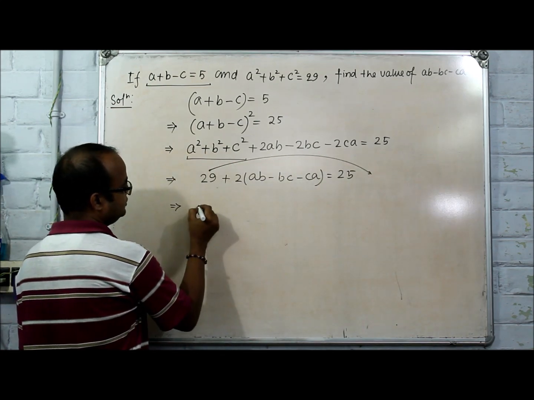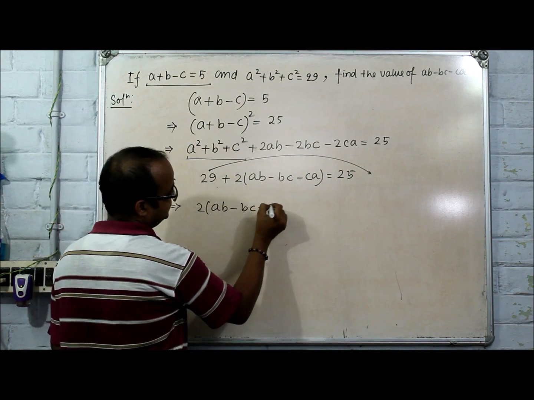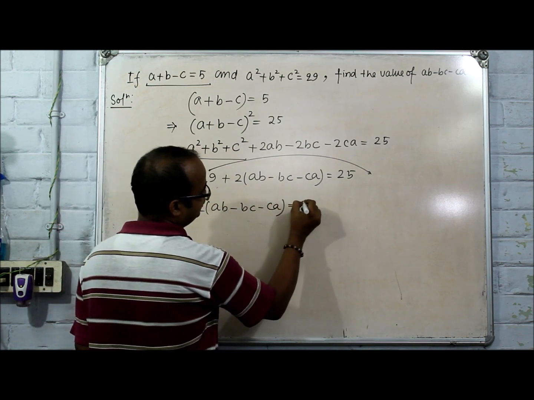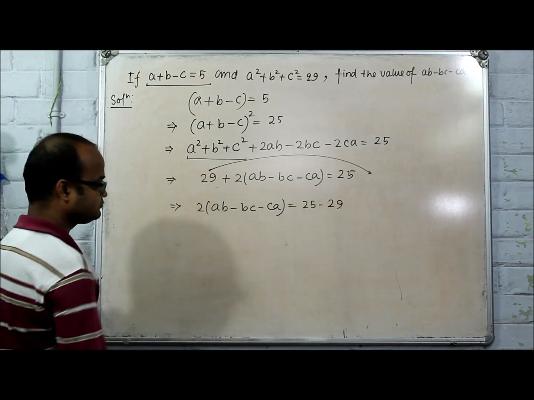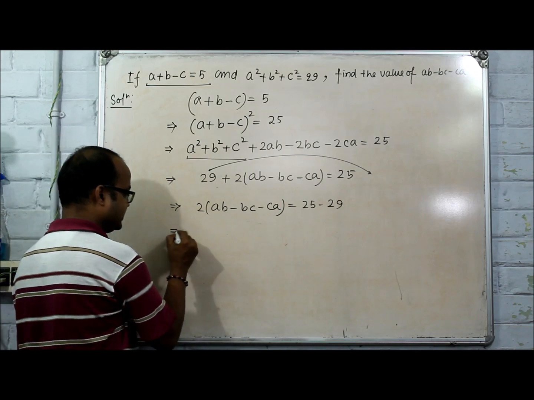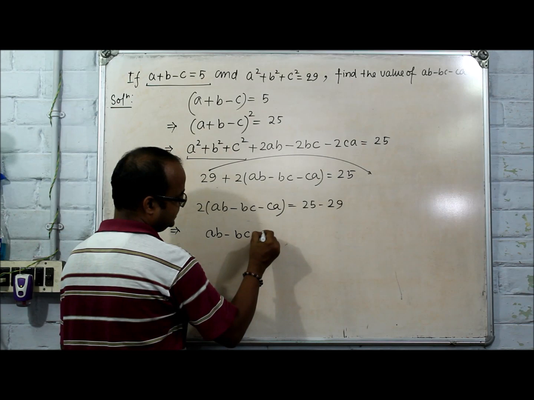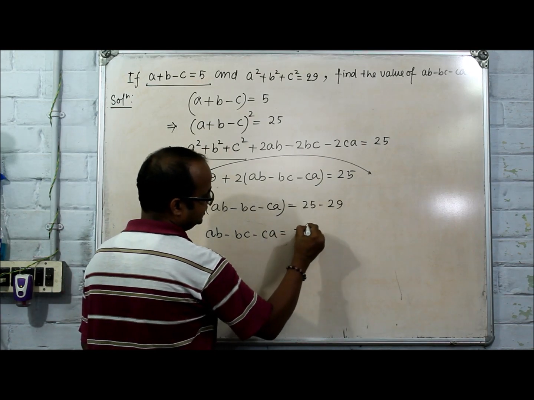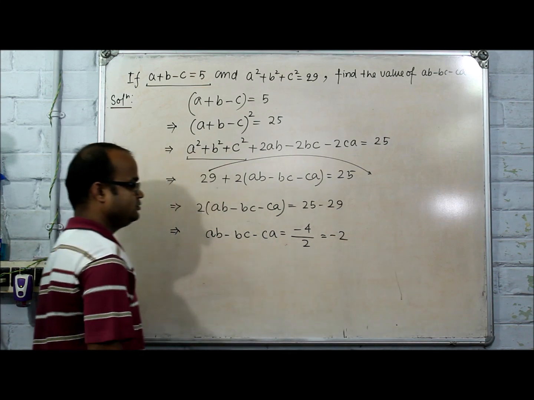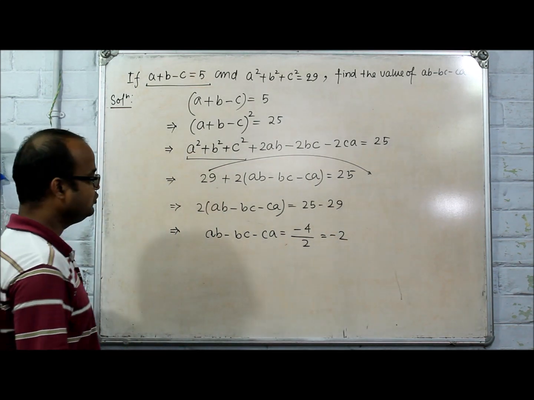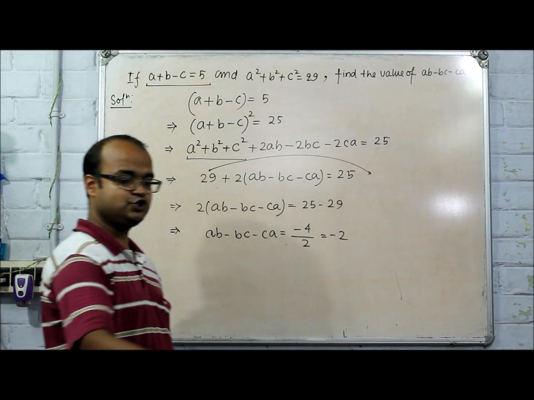So you get 2 into ab minus bc minus ca is equal to 25 minus 29. It implies ab minus bc minus ca is equal to minus 4 by 2. So this is equal to minus 2. So the value of ab minus bc minus ca is equal to minus 2.